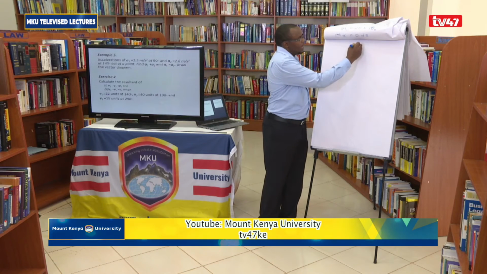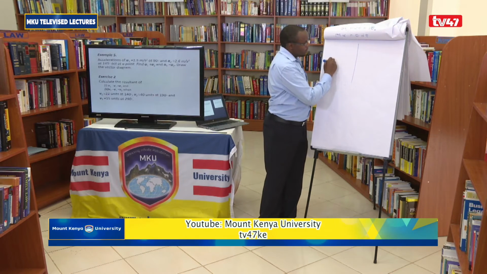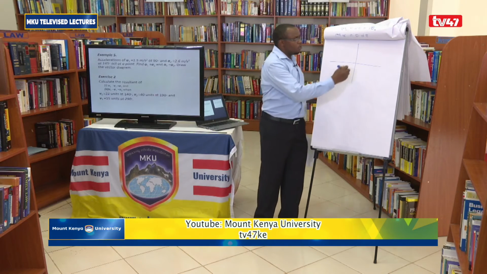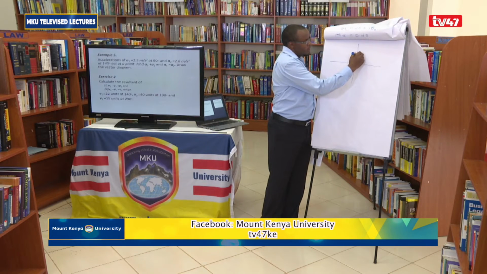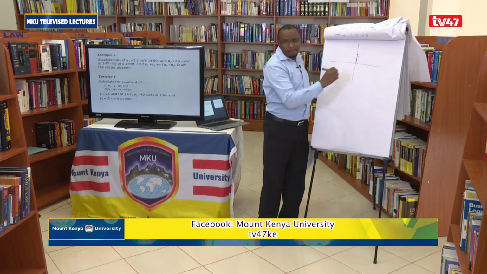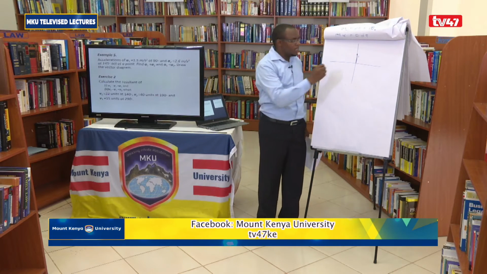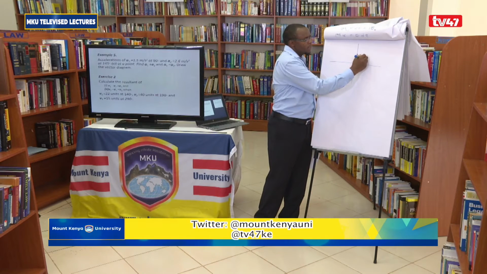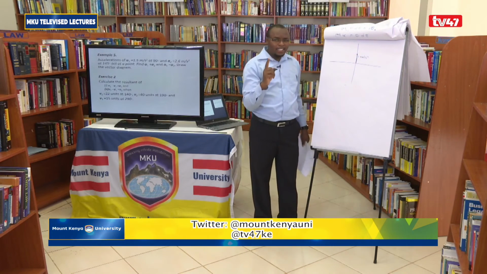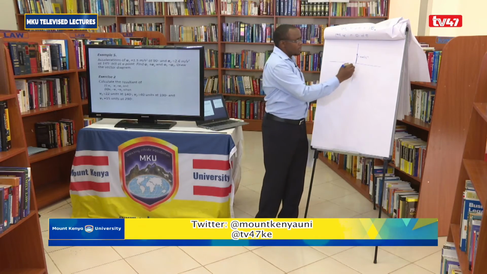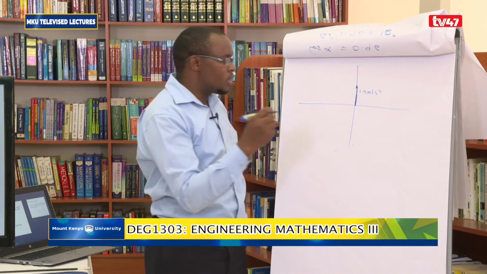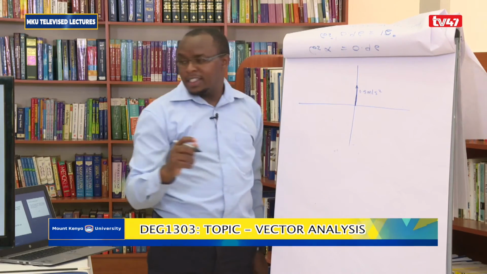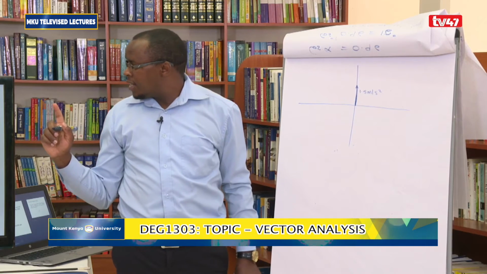So if I draw this Cartesian plane like that, we have been told that the first vector is given by 1.5 meters per second squared at 90 degrees. Then we have the second vector, which is 2.6 meters per second squared at an angle of 145 degrees.